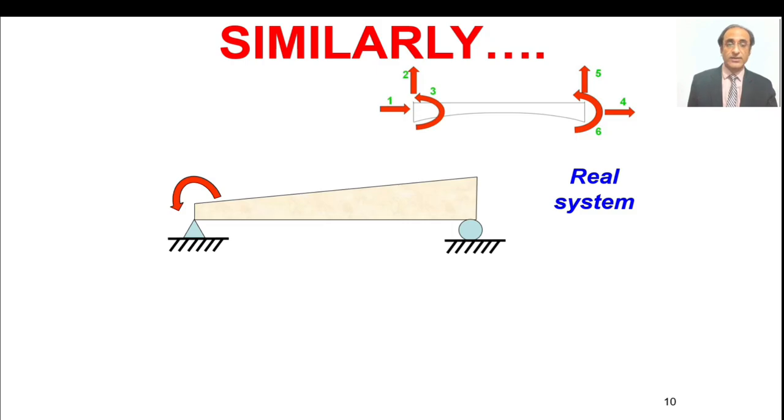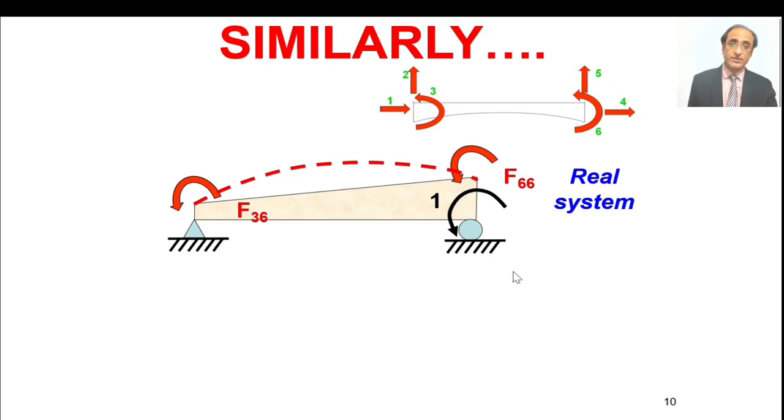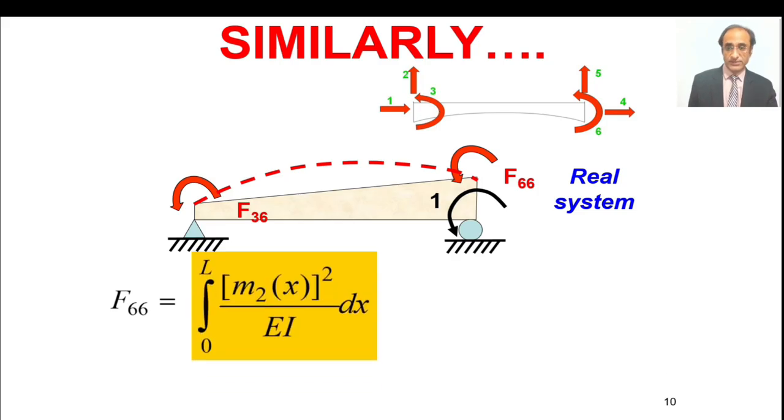Next, by same logic, we can obtain other terms also. For example, if we want to obtain what is the value of F66, then all we have to do is that we apply the real as well as the virtual moments at this end of the member, and by the same logic as we have done for F33, we can find the value of F66 also.